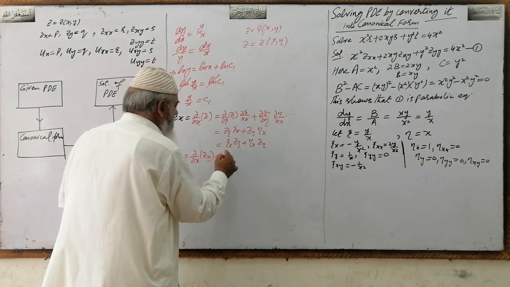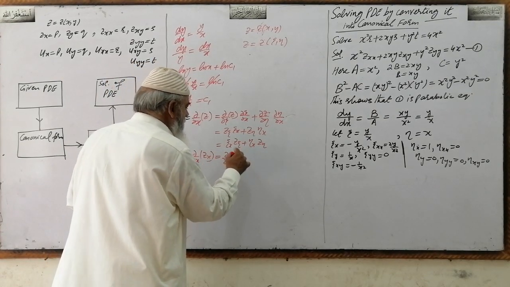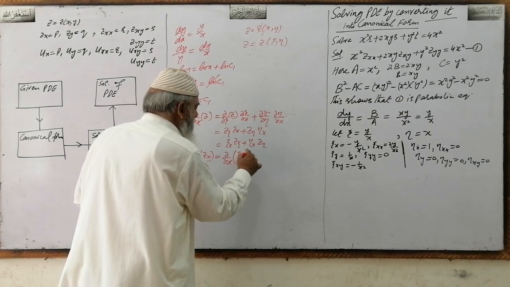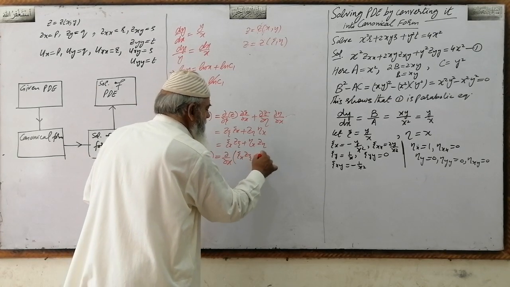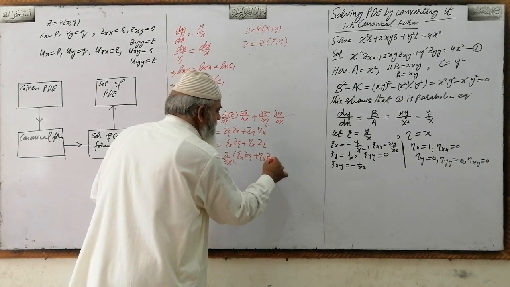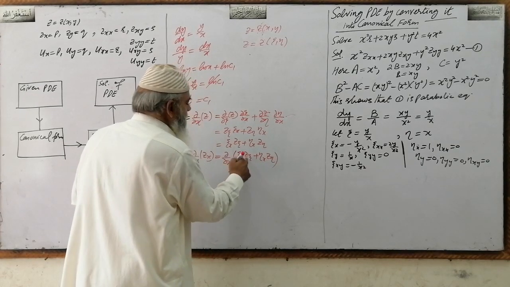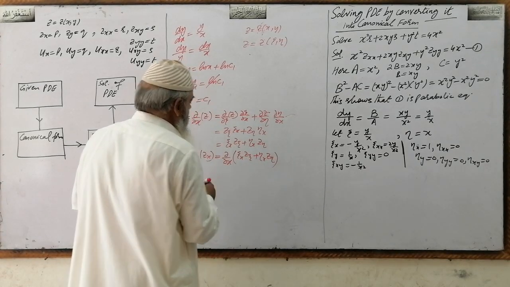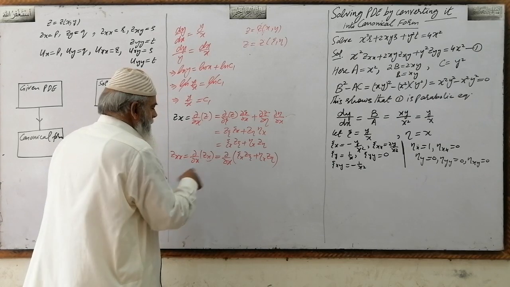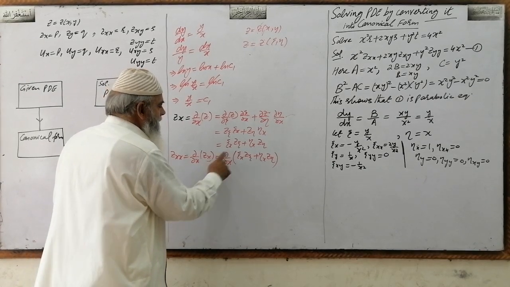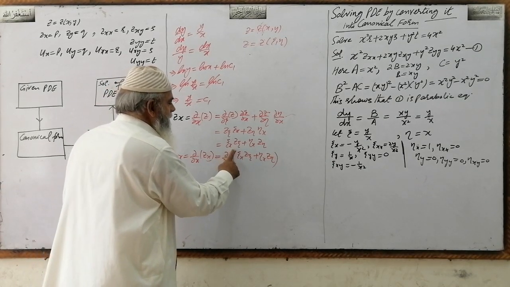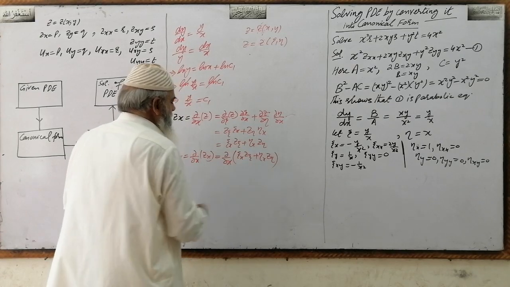What will happen? We have to take its partial derivative of xi x z xi plus eta x z eta, because we have calculated zx as xi x z xi plus eta x z eta.